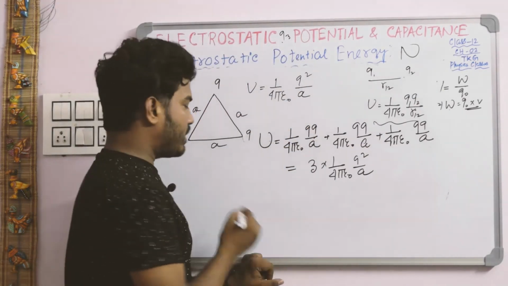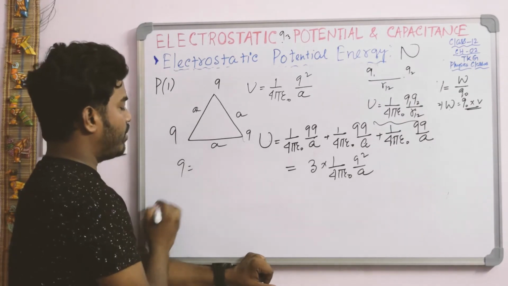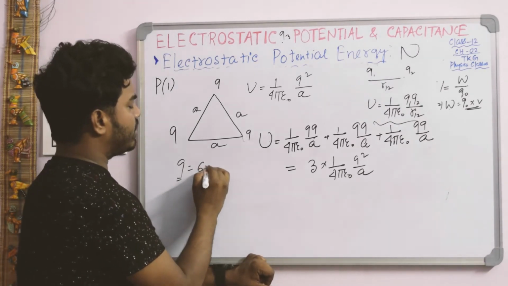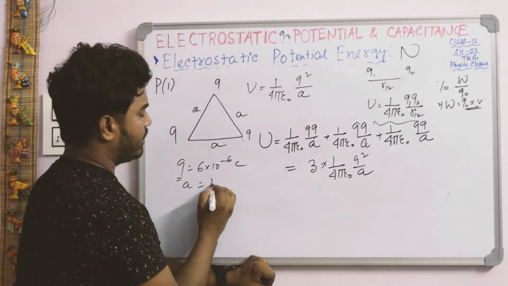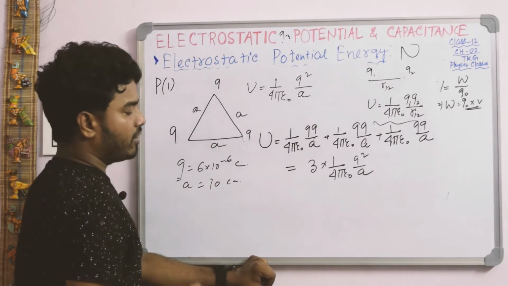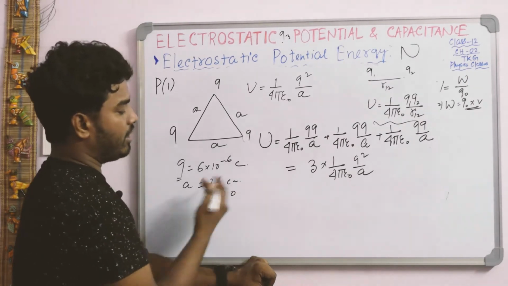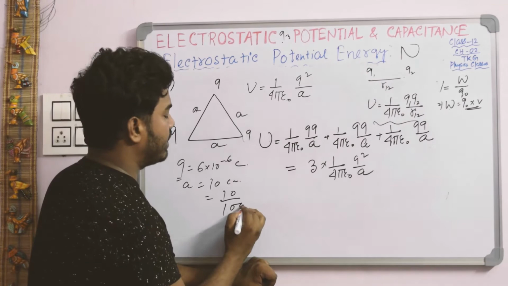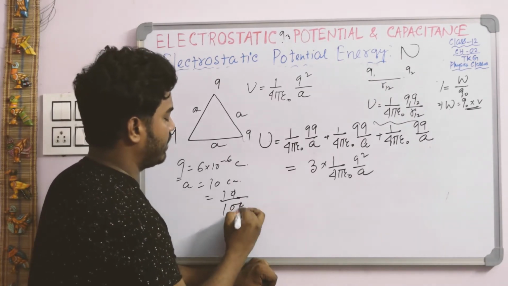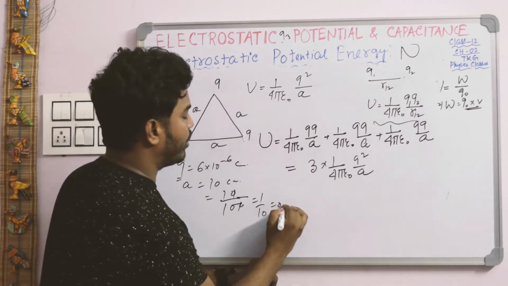Clear? Suppose Q is given with magnitude 6 into 10 to the power minus 6 Coulomb and A is given as 10 centimeter. You have to convert 10 centimeter to meter, just divide by 100, that is 1 by 10, that is 0.1 meter.